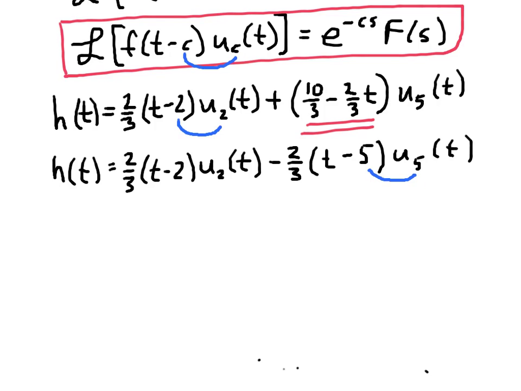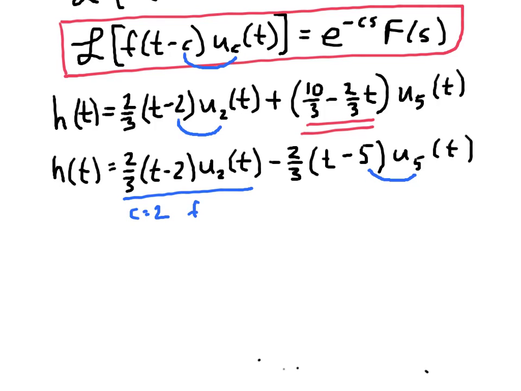And so you can see that we're now ready to take the Laplace transform. So we need to apply the above formula. If we look at the first part, the value of c is 2. So I'm looking at just this part of our function here. We have c equals 2. And what is f of t?